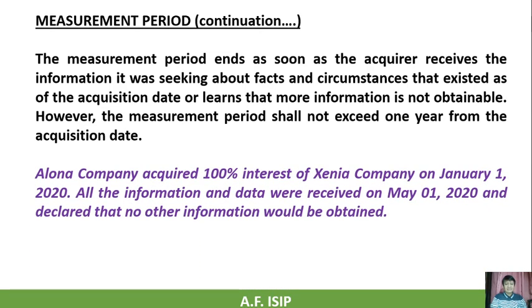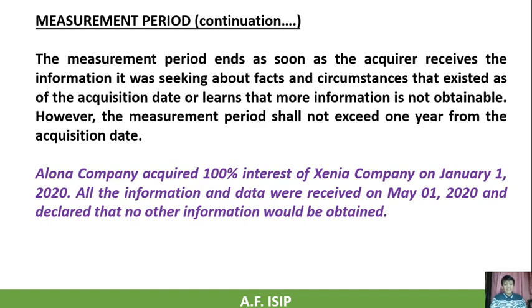So here is my written reflection and an example, an illustration of the measurement period that will end on a certain period of time. So Alona Company acquired 100% interest of Xenia Company on January 1, 2020. All the information and data were received on May 1, 2020, and Alona declared that no other information would be obtained.